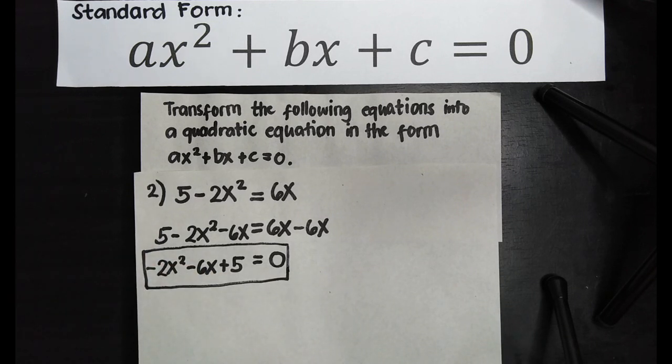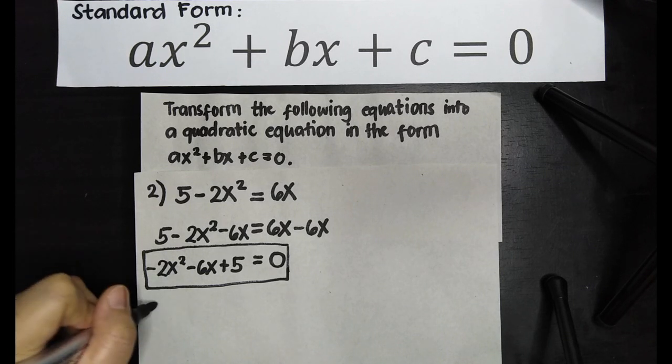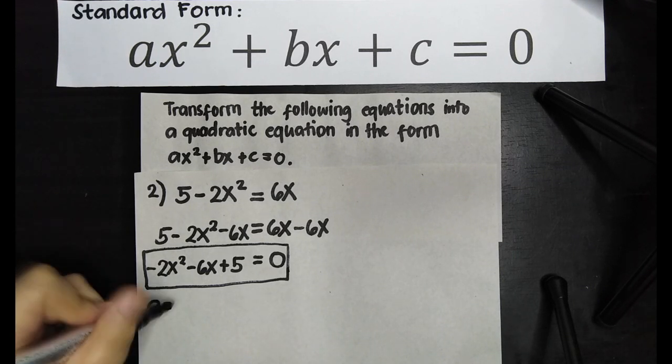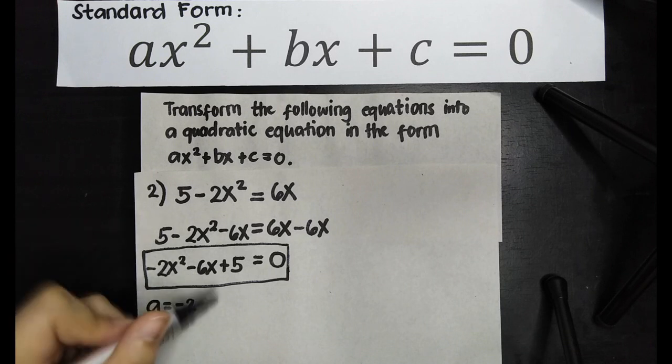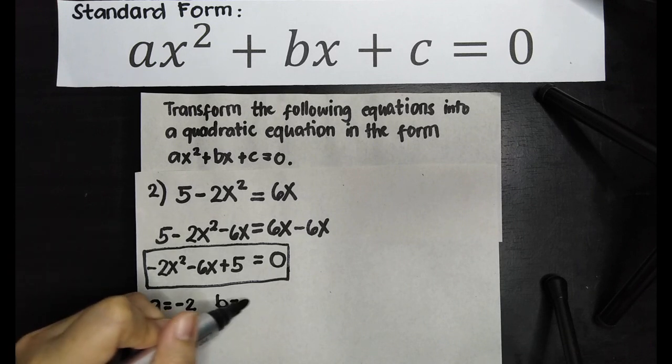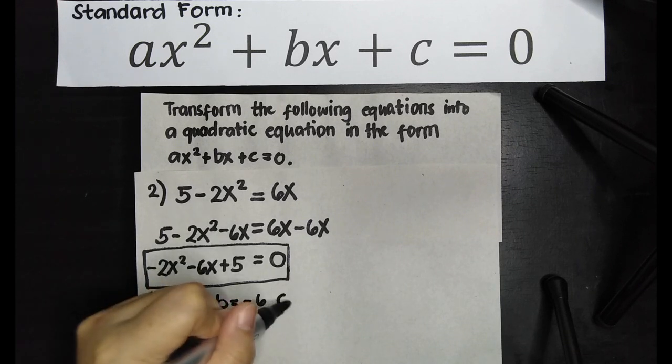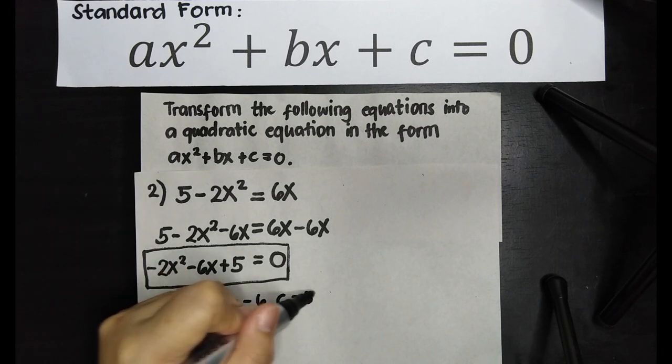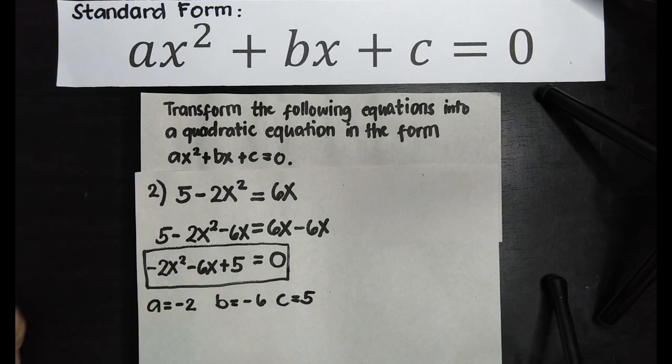Now, if we are asked, what are the values of our coefficients? Here, we have A equal to -2, B equal to -6, and C equal to +5. So, pag hindi natin transform into standard form, magiging mali na yung answer natin.